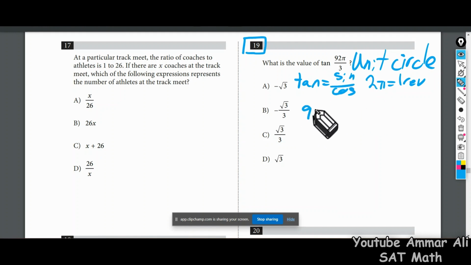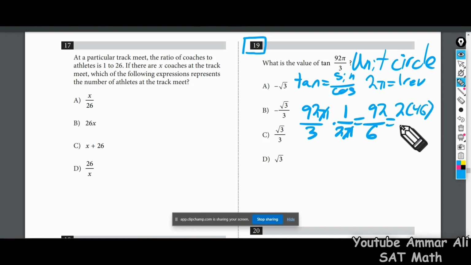To do that, we'll just do 92 pi over 3, and then we're going to divide it by 2 pi. So that's the same thing as multiplying it by 1 over 2 pi, right? And then our pi's cancel out, and we will be left with 92 over 6, right? And we can simplify this. So 2 times 46, and on the bottom 2 times 3.